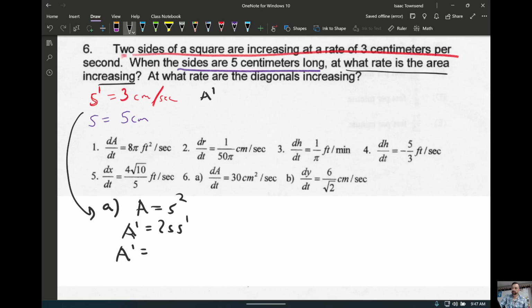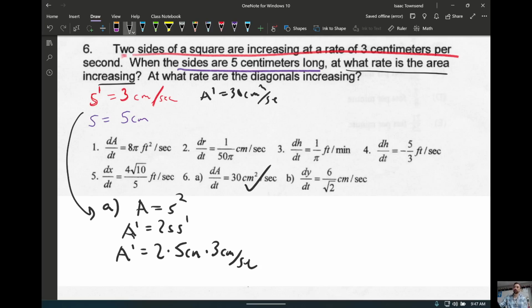And the answer to the first part is just going to come by taking 2 times S, which they gave to us, times S prime, which they gave to us, which ends up being 30. And if you keep up with the units, centimeters times centimeters gives you centimeters squared, and then it's per second. So that confirms it. First part of that was pretty easy.